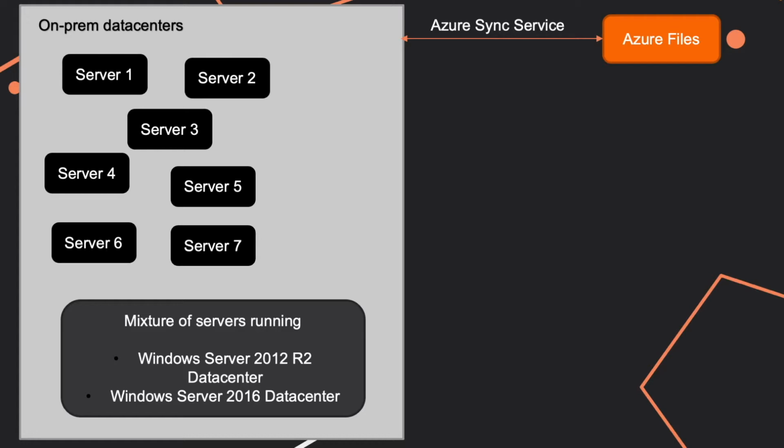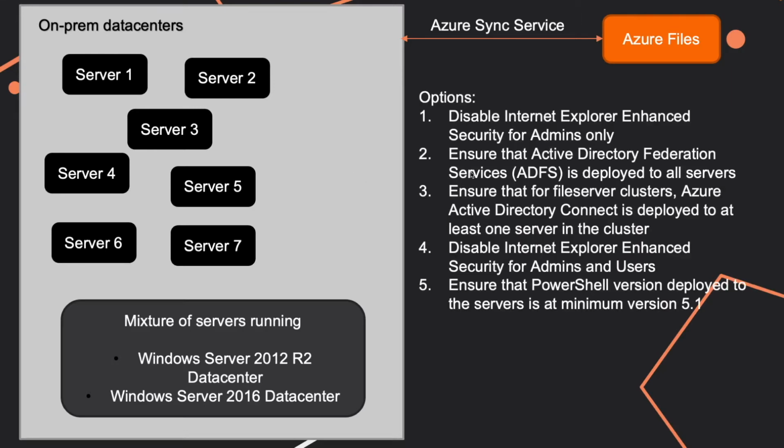And you are required to configure Azure File Sync between the Azure Files service and the servers from the data center. And you need to indicate what two activities you must complete in order to assure that the service will operate successfully on your servers.